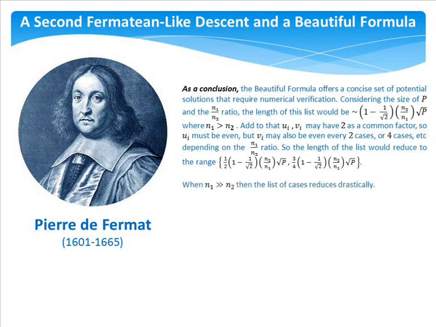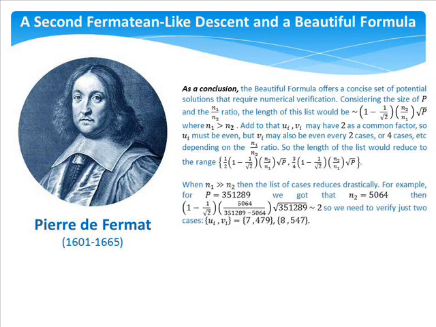When n sub 1 is much bigger than n sub 2, then the list of cases reduces drastically. For example, for prime 351,289, we got that n sub 2 is 5,064. Then the formula is close to 2, and so we need to verify just 2 cases for u and v, 7 and 479 and 8 and 547.